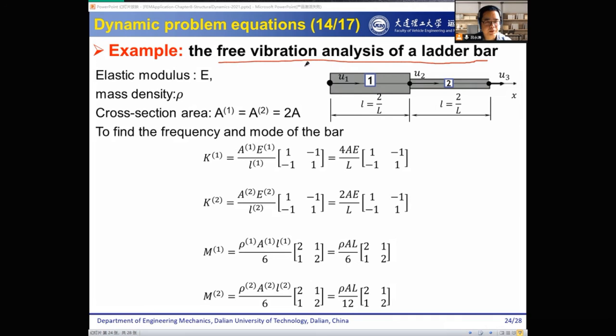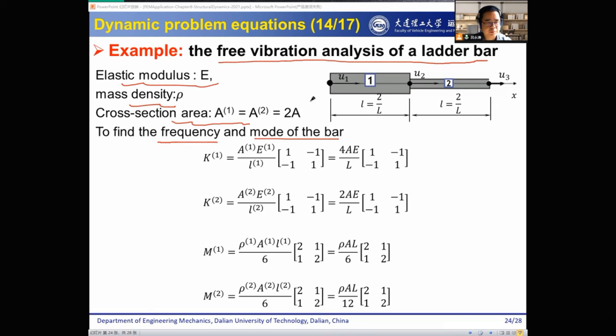Because it's free vibration, there's no external force. We have the physical properties of the deformable body: the elastic modulus, the mass density, and the dimension of the structure, the cross-section area, and then we want to work out the frequency and the mode of the bar.